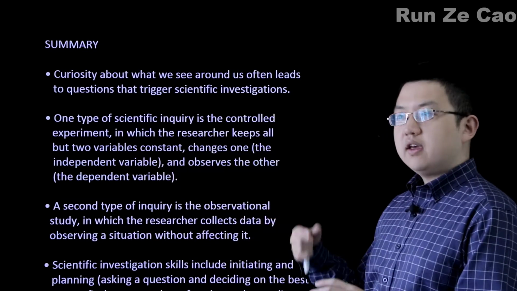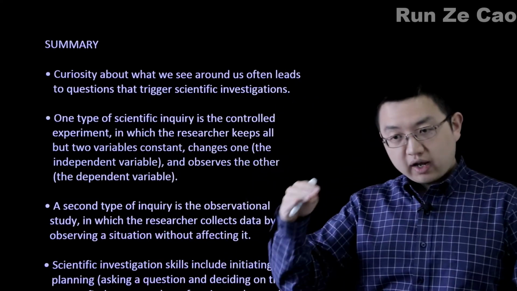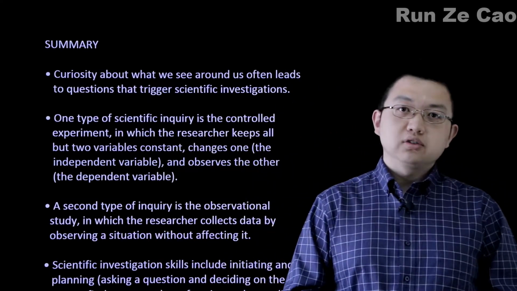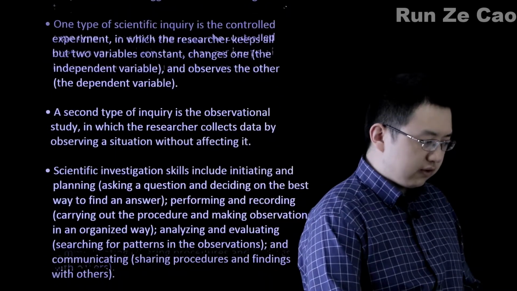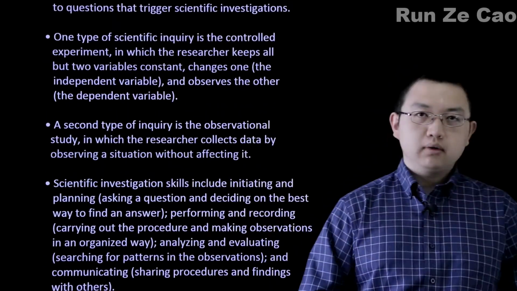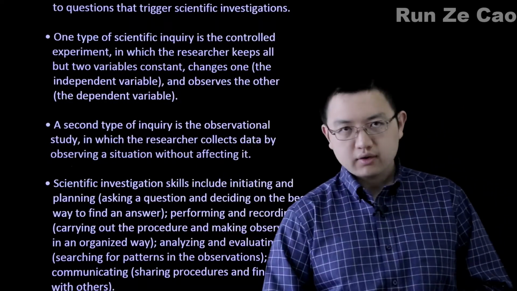Alternatively, we have the observational study, where we observe and draw conclusions from our observations. Sometimes observational studies are done because they are the only practical way, and sometimes they are done for convenience.